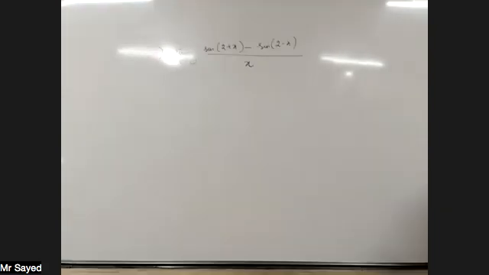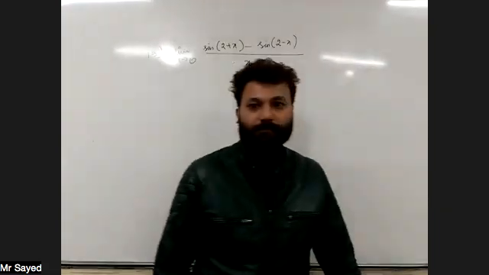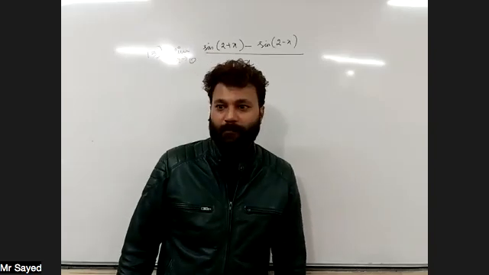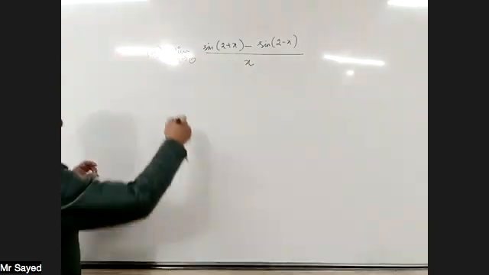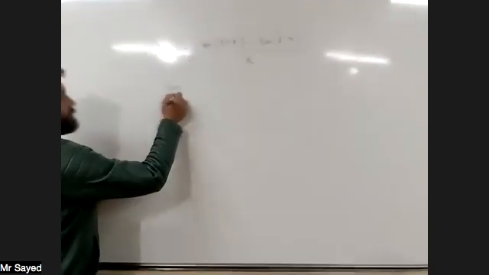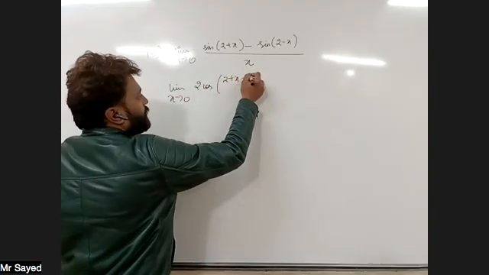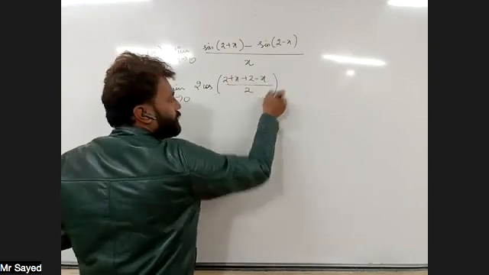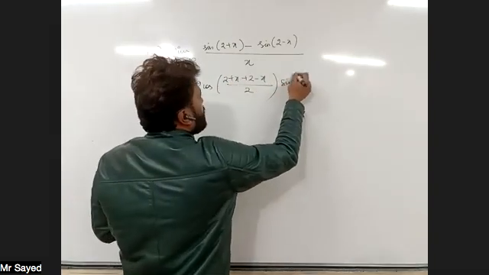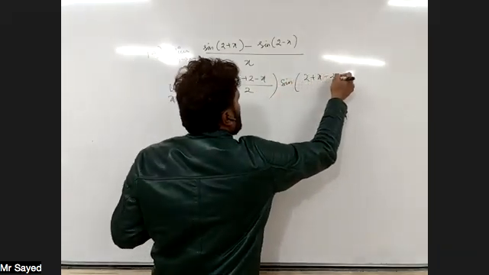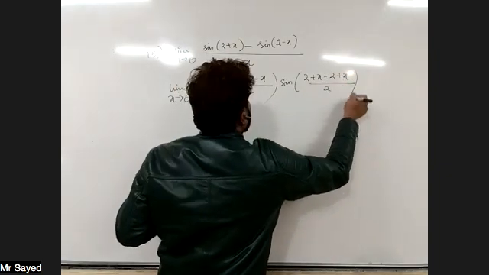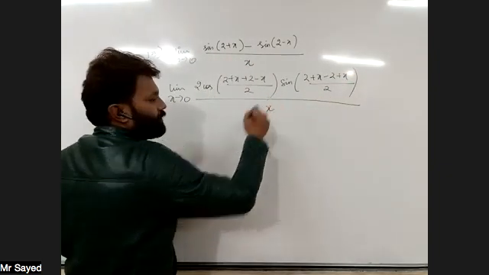How to do this one? Sin. What's the formula for sin c minus sin d? 2 cos c plus d upon 2 and sin c minus d upon 2 and whole upon x. Quit out.